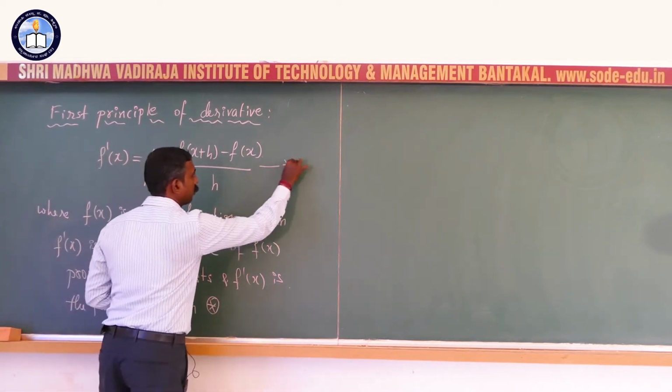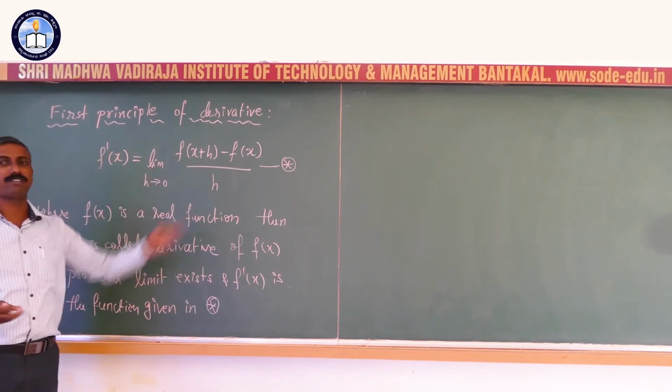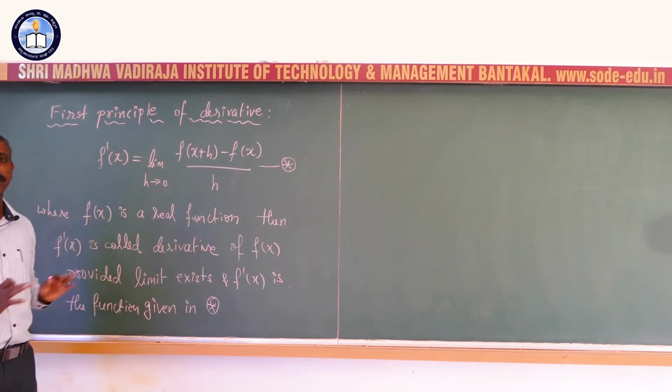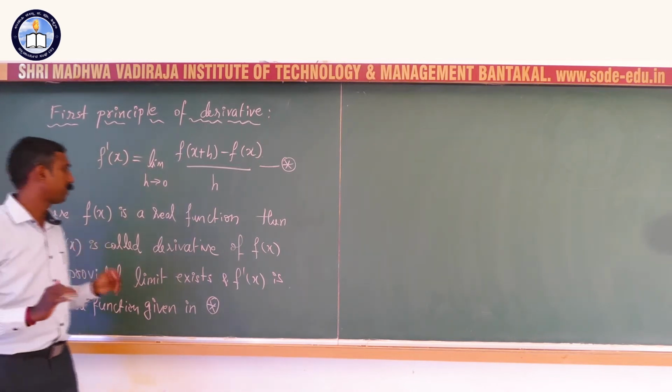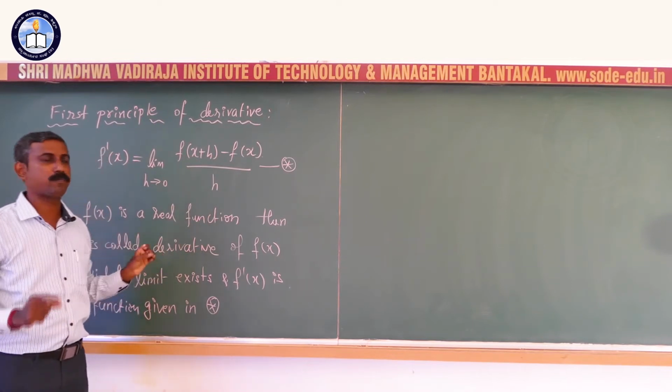So this is our star. So what is f dash of x? The expression is limit h tends to 0 of f of x plus h minus f of x divided by h, similar to your derivative at a point, but the only thing is that now instead of a we have a general point, any point x.